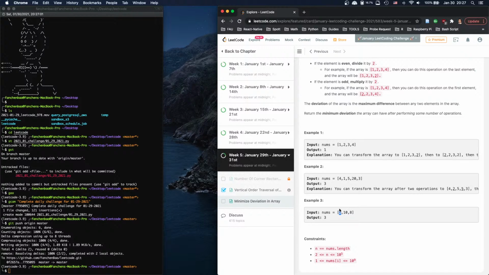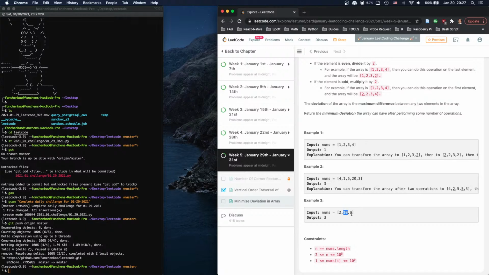So if you're an odd number, the only thing you can do is either double or stay the same. That's only 2 states. But if you are an even number, you can go down. So this one goes down. It becomes 5. So this is the same.